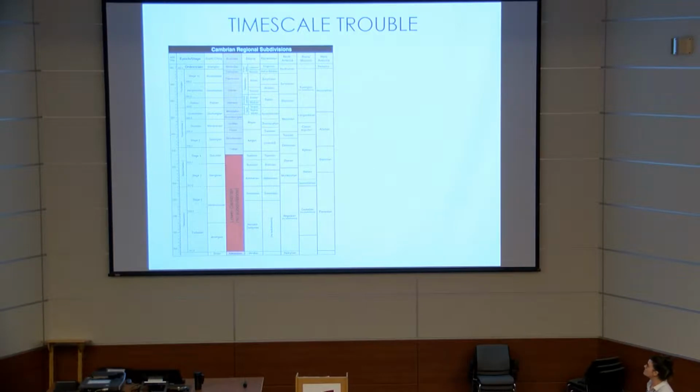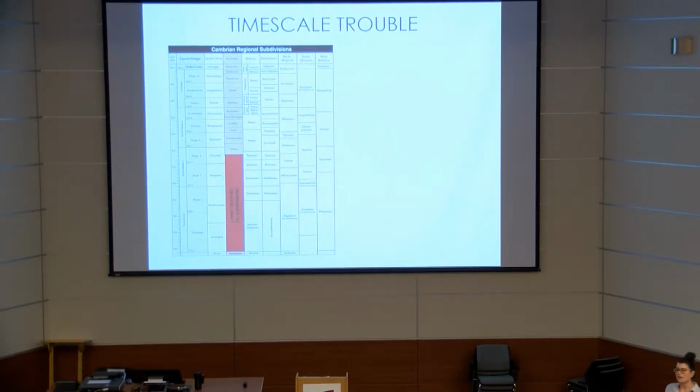That's because we've got some timescale trouble, and we've seen already examples of this problem. On a global scale, we're still waiting to ratify some of those really important lower boundaries in the series and stages in the lower and lower middle parts of the early Cambrian. But in Australia, we've had this problem for a very long time where we don't actually have any regional stage subdivisions.